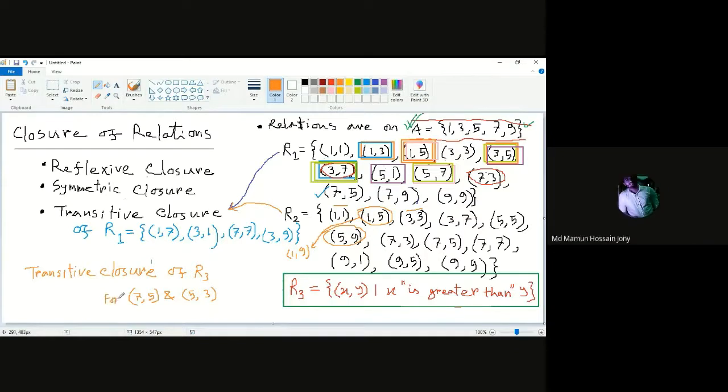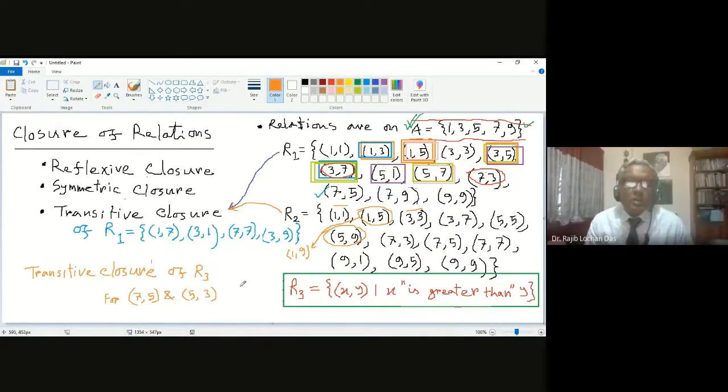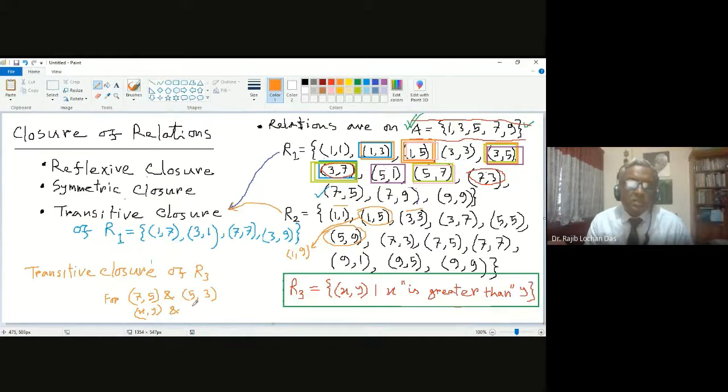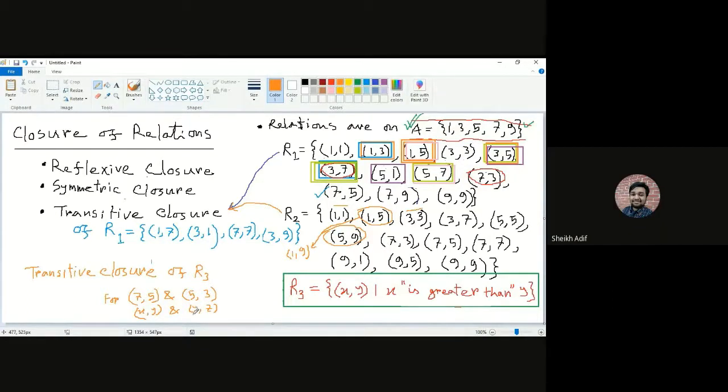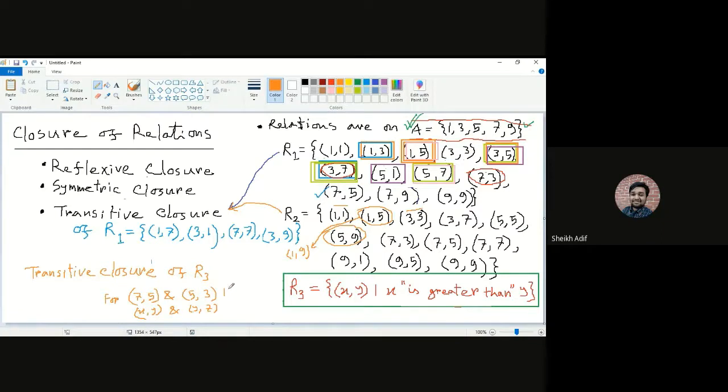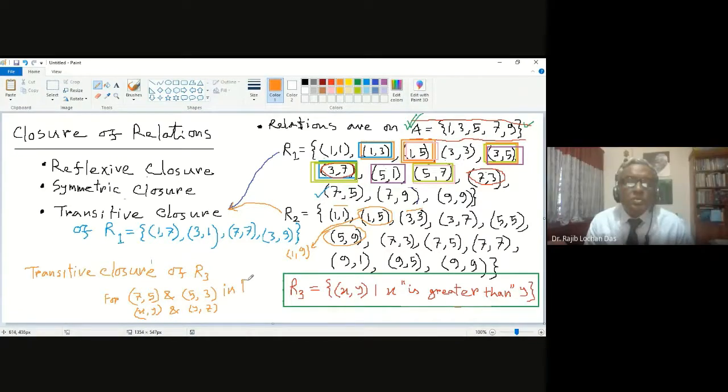So then it will be x comma y, then y comma z. So what is the third element? x comma z. Don't you think x comma z is also available? Yes, sir, there will be no transitive closure. There is actually no missing. Everyone is correct.